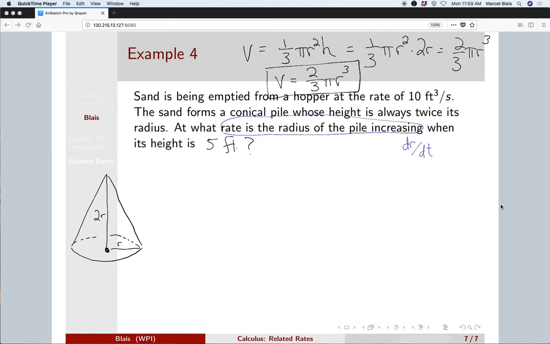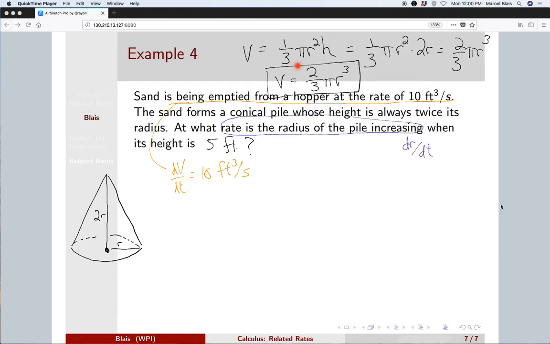That's the rate at which the volume is changing. So we're given that the volume is changing at this constant rate of 10 cubic feet per second.